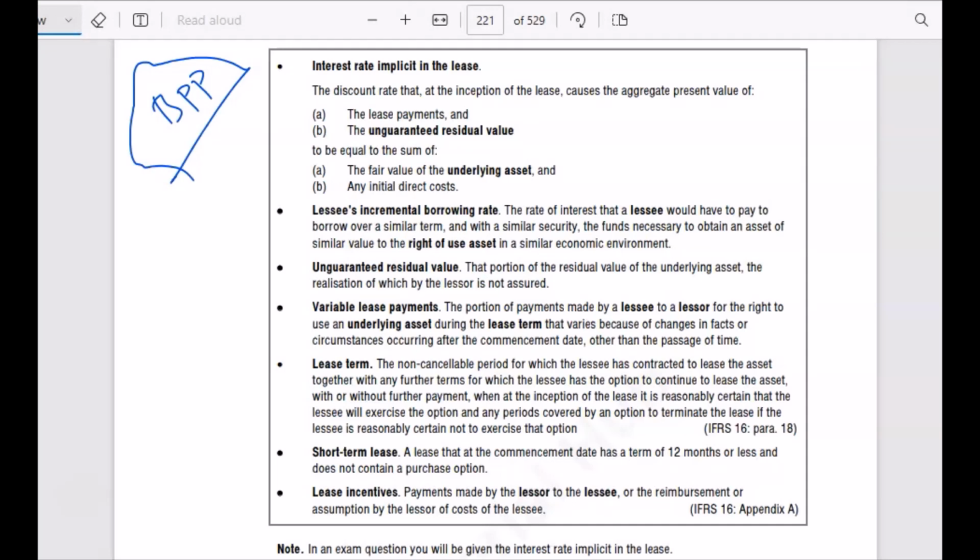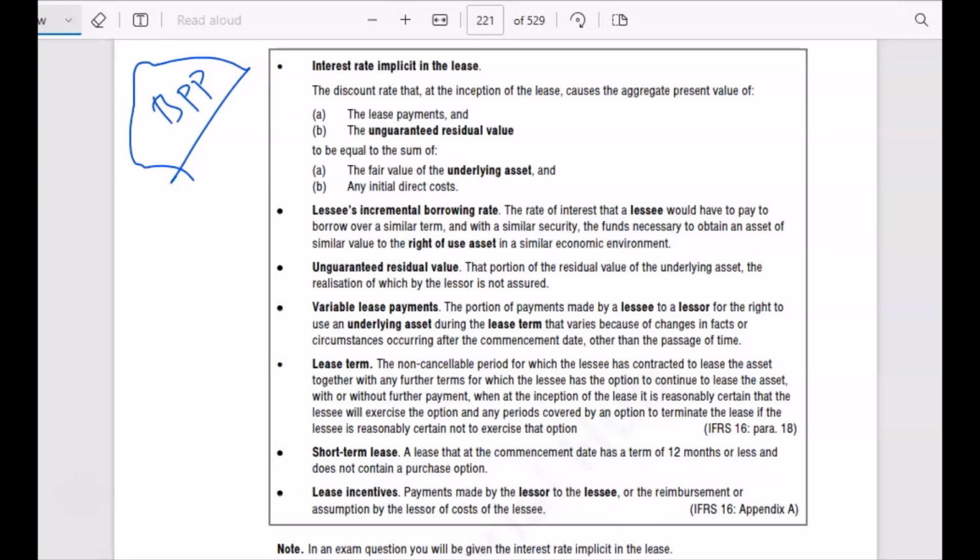Now, the interest rate implicit in the lease is the discount rate at the inception of the lease which causes the aggregate present value of the lease payments and the unguaranteed residual value to be equal to the sum of the fair value of the underlying asset and any initial direct costs.